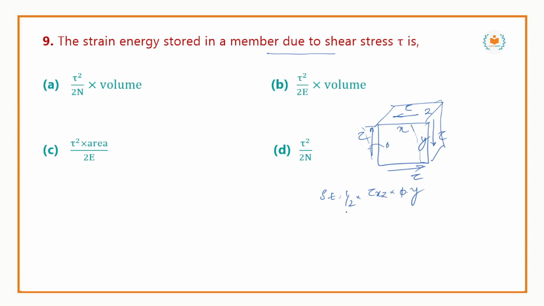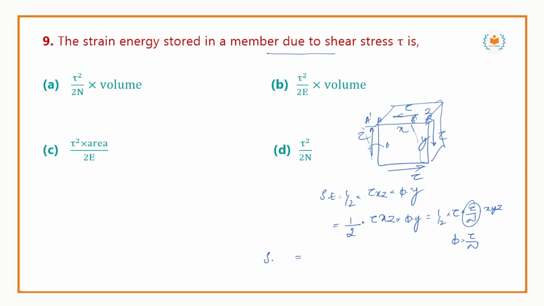When you simplify this, you get the shear strain energy stored as half into tau xz into phi into y, which is also equal to half into tau into tau divided by n into xyz, because we write phi is equal to tau divided by n, so we are replacing that.